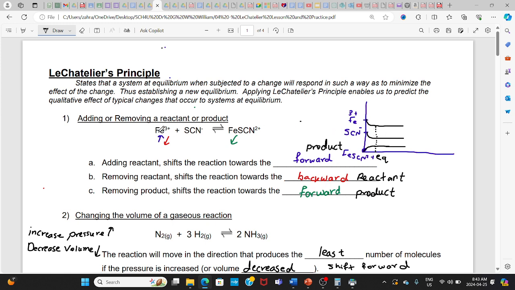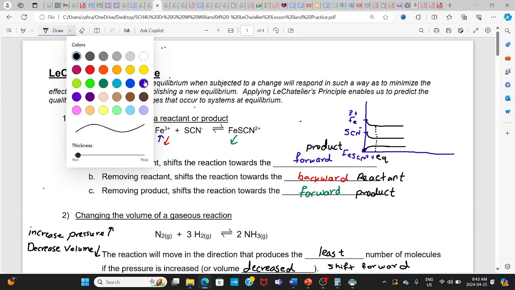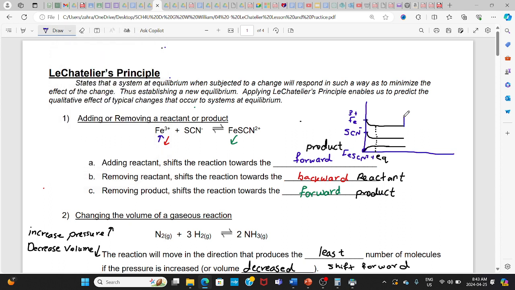But let's say you suddenly put some Fe into the system. You disturb this. What happens? It suddenly jumps. After it jumps, because the reaction shifts forward, it needs to go down and then establish a new equilibrium.